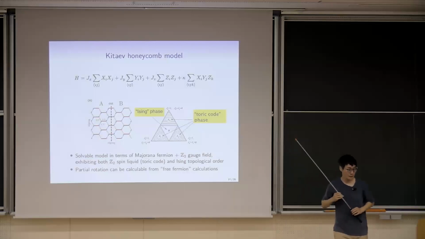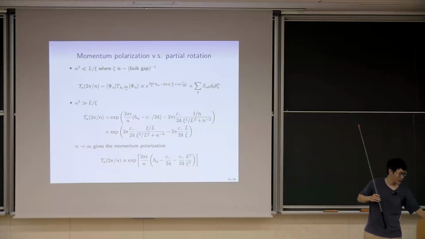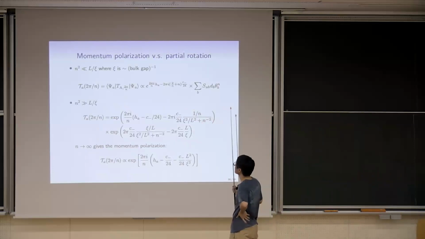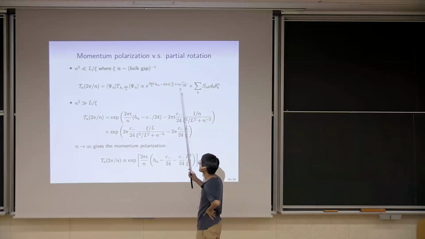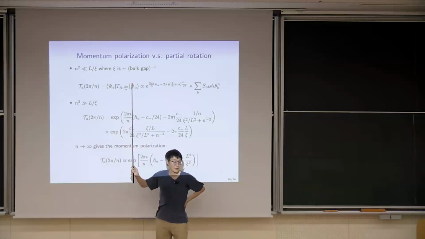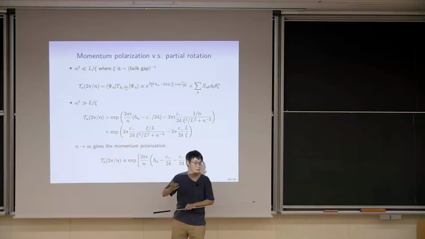What's the example of that? Yeah, I know what you mean. So, yeah, I think if you fix this L measured in the unit of correlation length, so L is the circumference, then it's a crossover, obviously.